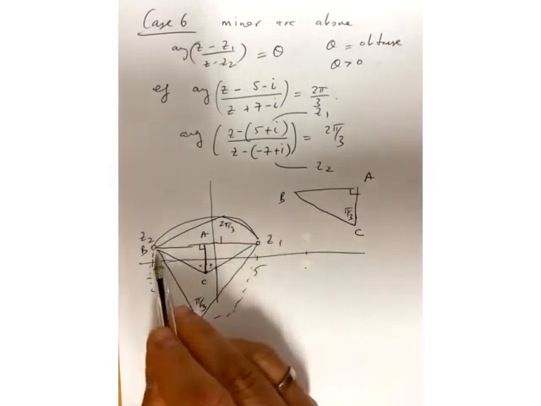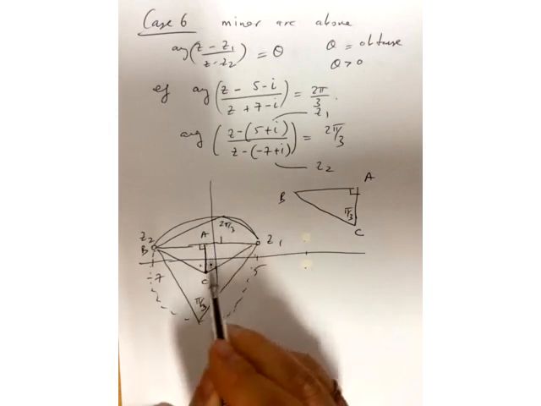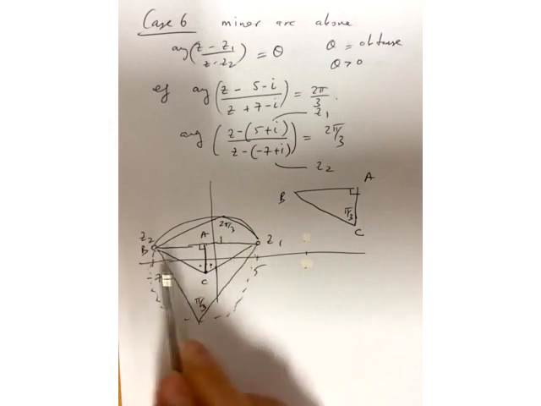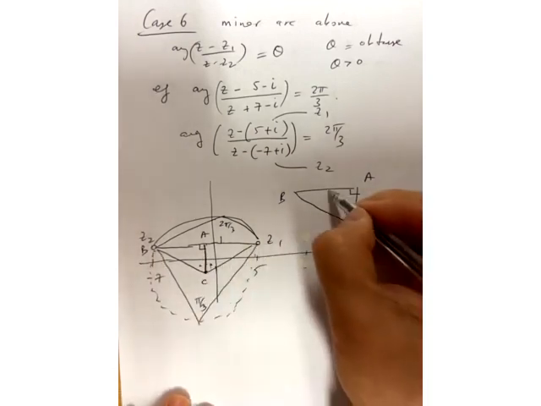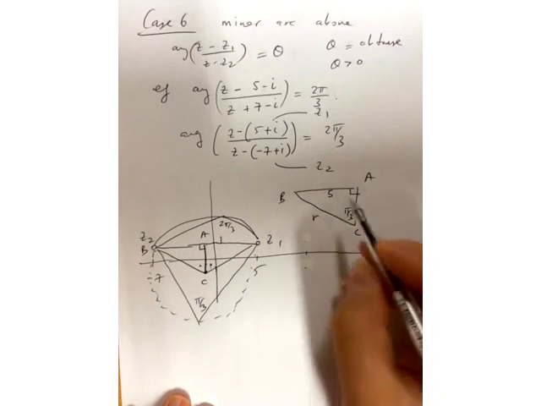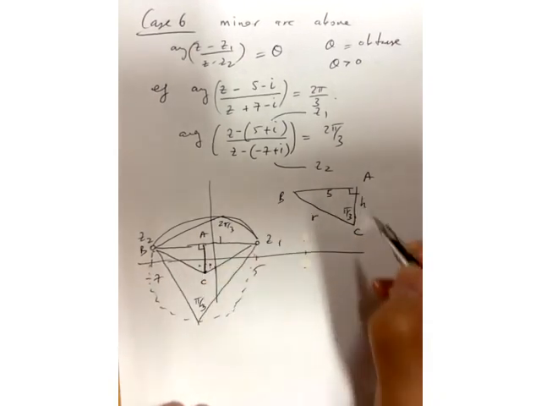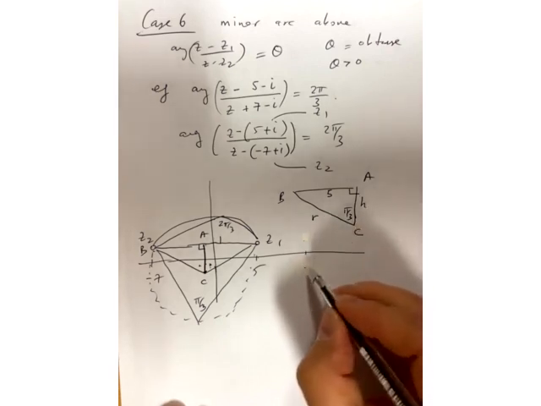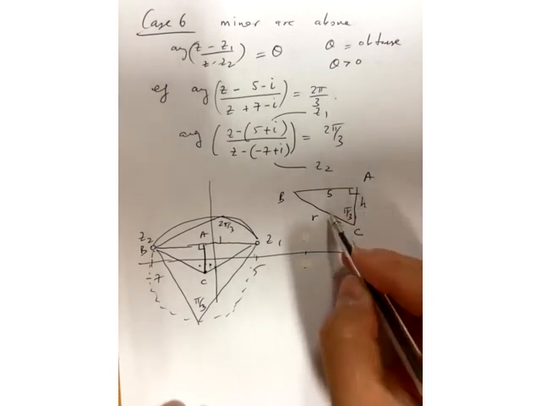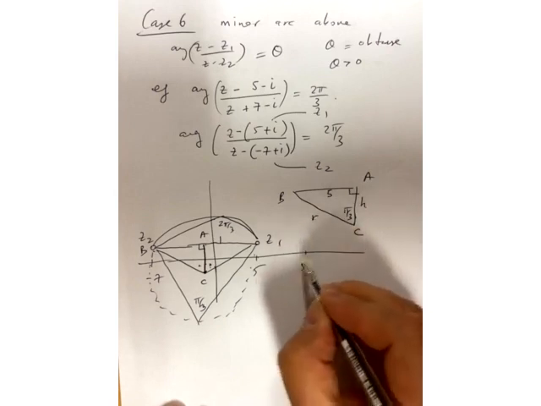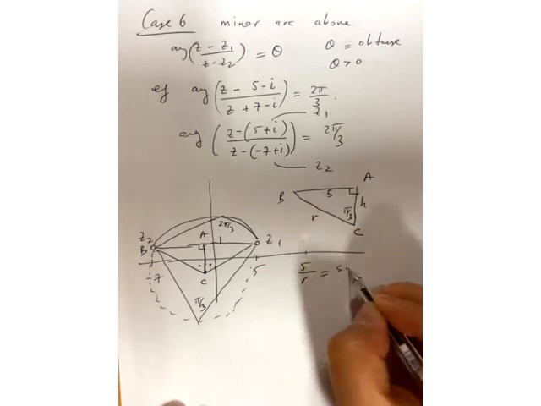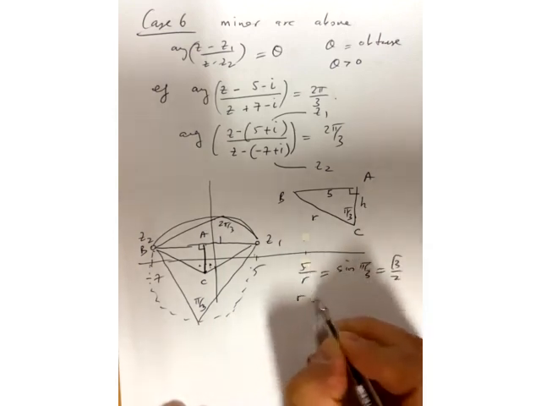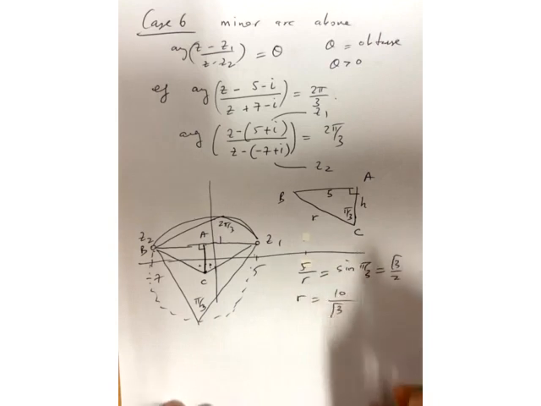The distance from B to A, from -7 to 5, is 10 units, so halfway between must be 5. Let me call the radius BC, and let me call the other side H. Use trigonometry to find the radius. 5 on R is sine of pi on 3, which is root 3 on 2, so R is 10 on root 3.